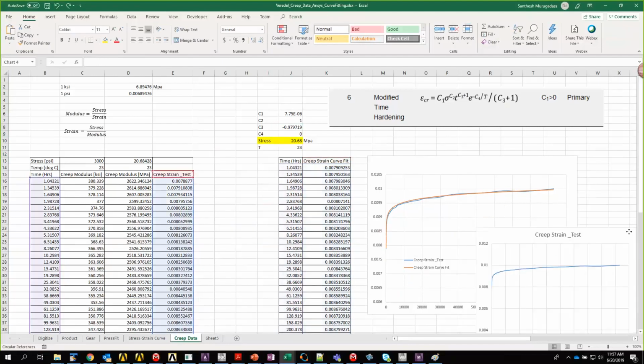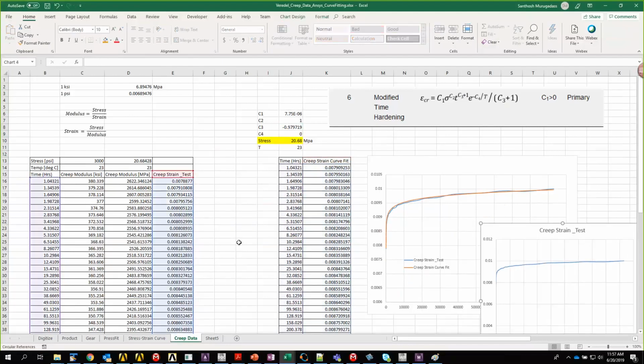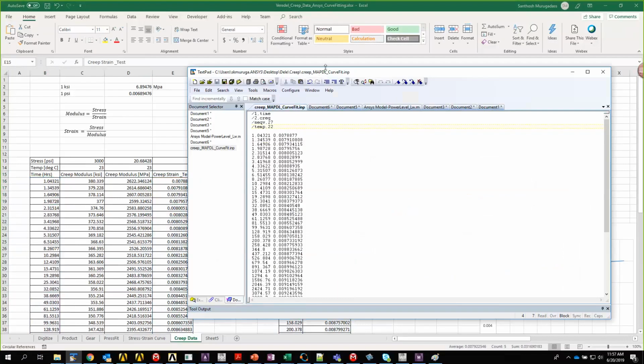The other way to do this is that ANSYS can do the curve fit for this particular data. I will also explain that. In this case, we have a time axis and the creep strain data. I'm going to get the data into this particular text file.